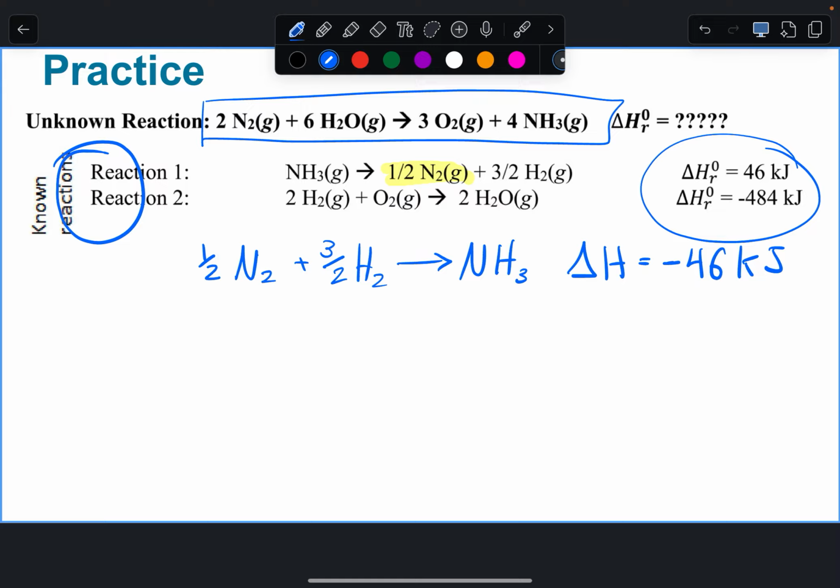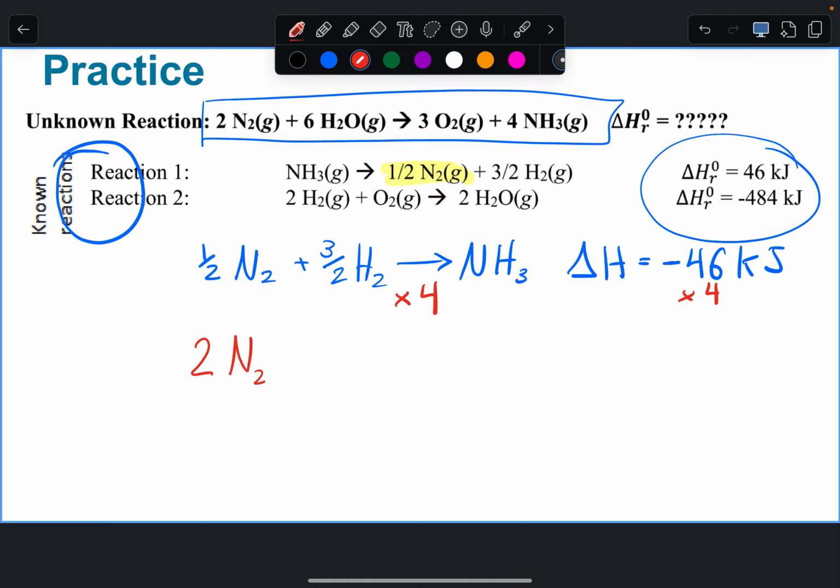Okay, so it's a first start, but we didn't want 1/2, we wanted 2, right? So I need to multiply the whole reaction now by 4 so that I get 2 moles of N2. So I'm going to take this and multiply it by 4, which means I'm also going to have to multiply the enthalpy by 4. So I get 2 moles of N2. Oh no, I have to do fraction multiplication. It's going to be okay.